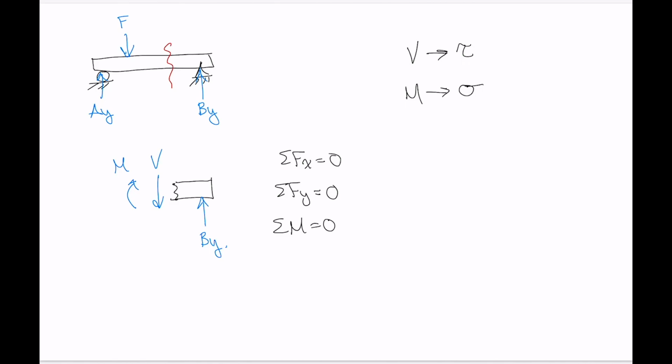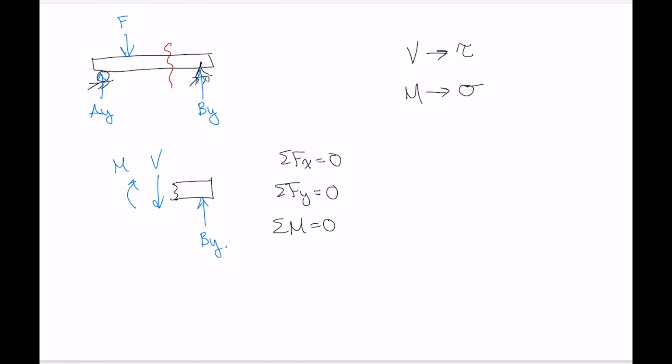So that's what today's lecture is going to focus on, being able to find where and what the values are of the maximum value of internal shear force and the maximum value of internal moment.